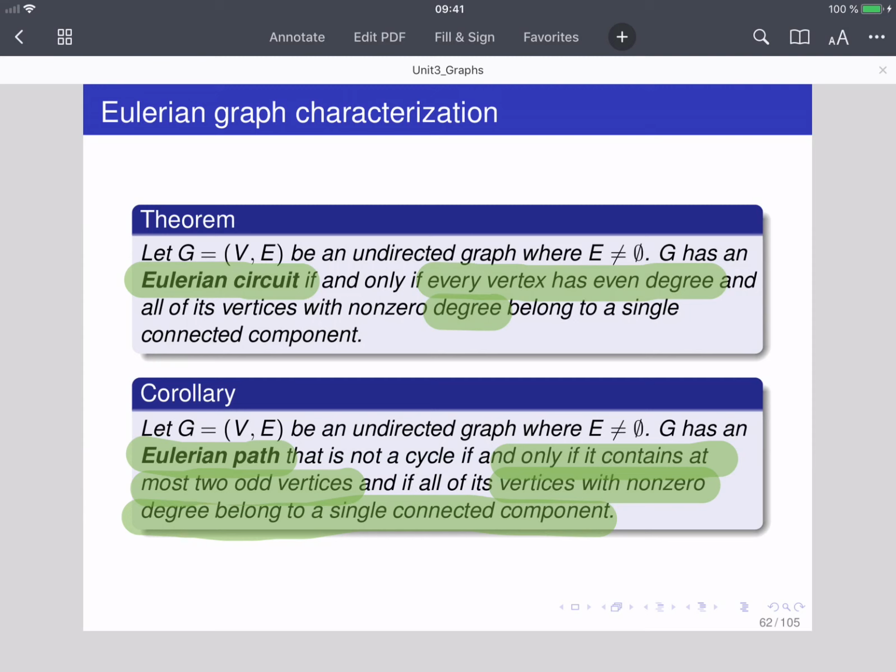If it is 2, you have the Eulerian path, a non-closed path that starts and ends exactly in the vertices of odd degree. And if you have more than that, if you have 4 or 6 or more odd vertices, then you cannot find a path, closed or not, that uses all the edges in the graph once and only once.